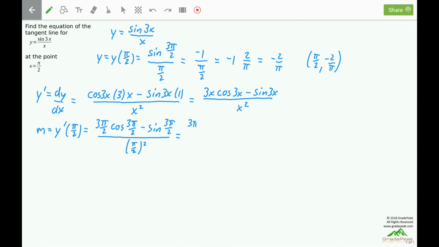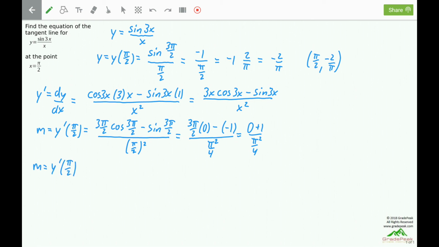So we have 3 pi over 2 times the cosine of 3 pi over 2, that happens to be a 0, minus the sine of 3 pi over 2, which is a negative 1. And then all over, we can square: pi squared over 2 squared, pi squared over 4. Now in the numerator we have a 0 minus a negative 1, so 0 plus 1 over pi squared over 4.